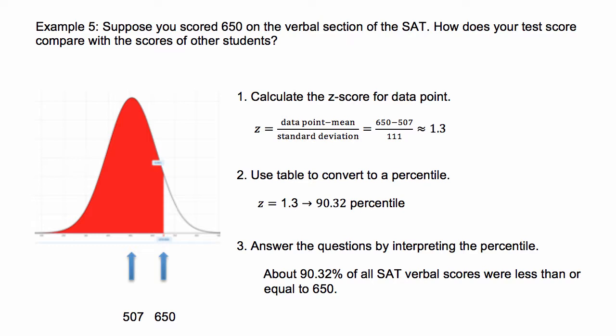Once again, when we compare your score of 650 to the scores of the other students, we note that about 90.32% of all SAT verbal scores were less than or equal to your score of 650.